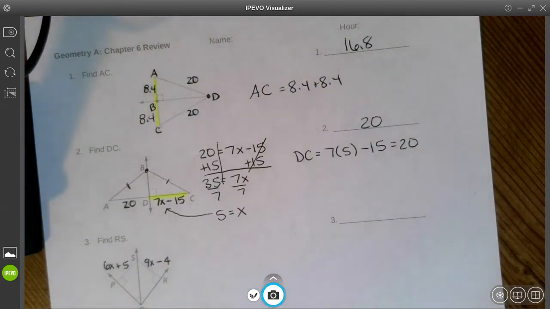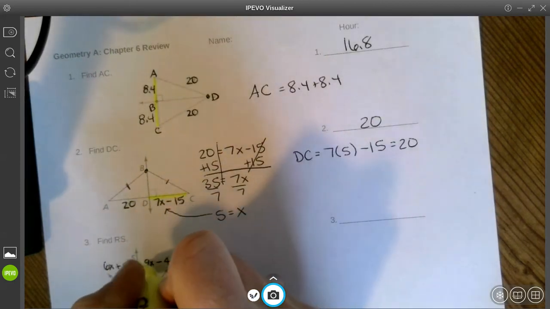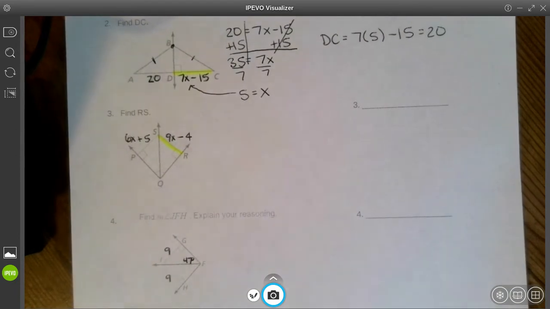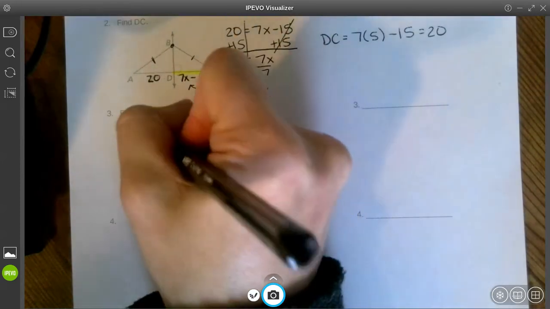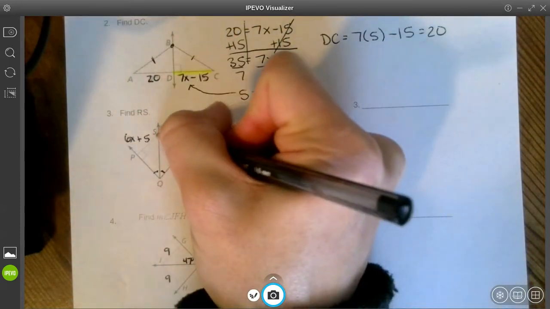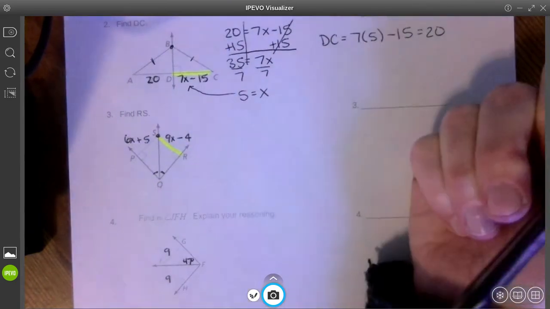And in number 3, we need to find the length of RS. RS is here. This time I have an angle PQR, and I notice it's hard to see, but point S lies on the angle bisector of angle PQR.